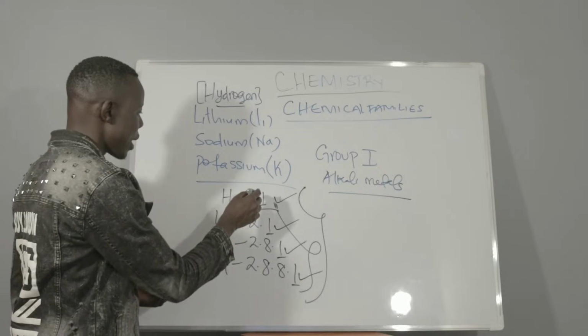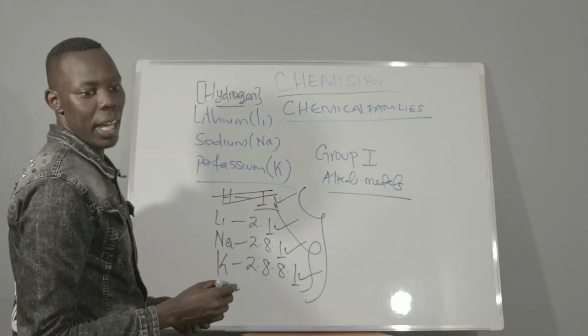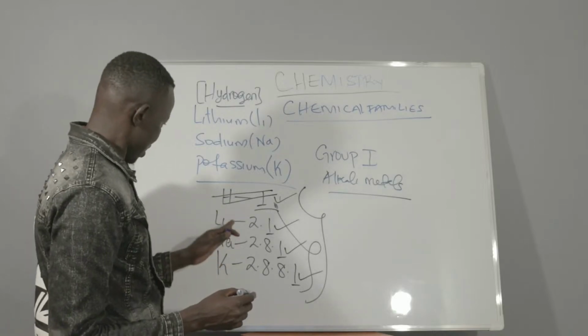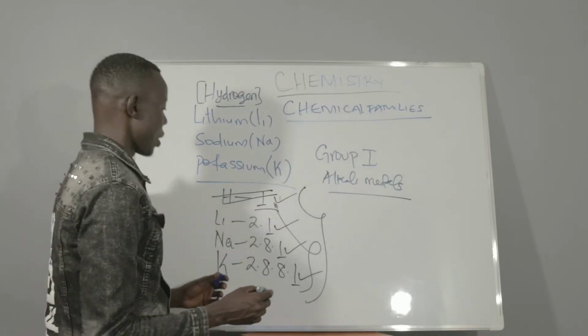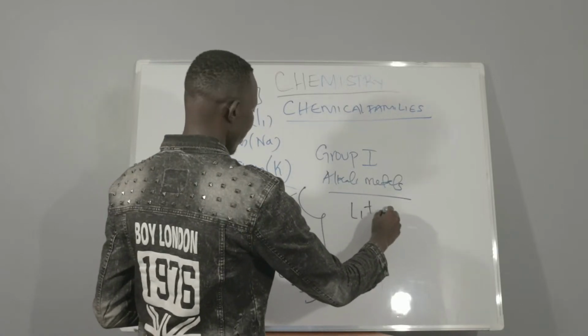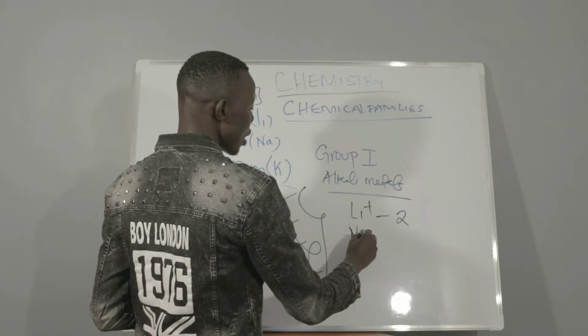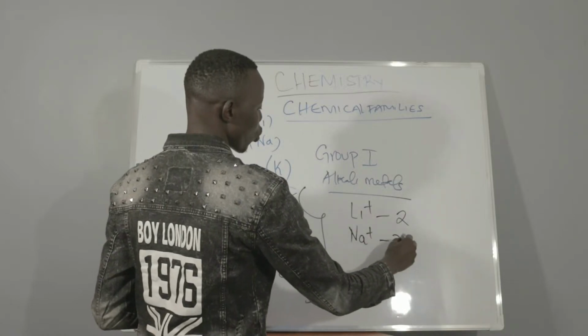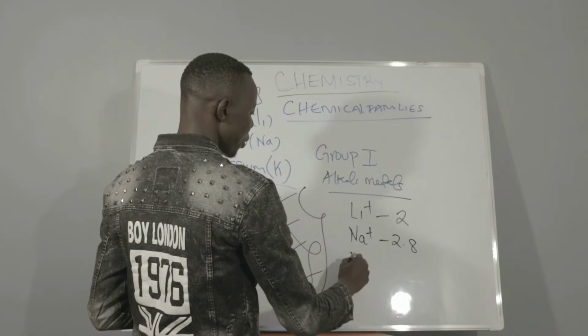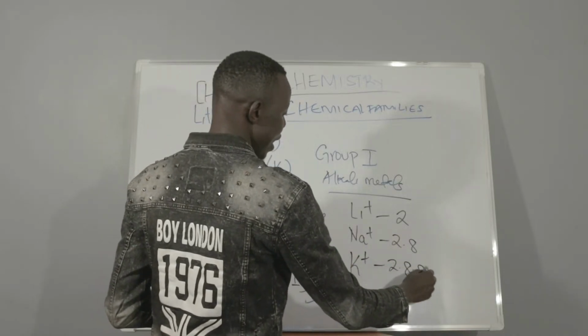Now, let me not talk so much about hydrogen. Hydrogen is not a member of alkali metals. Lithium ion has electronic configuration of 2. Sodium ion has electronic configuration of 2, 8. Potassium ion has an electronic configuration of 2, 8, 8.